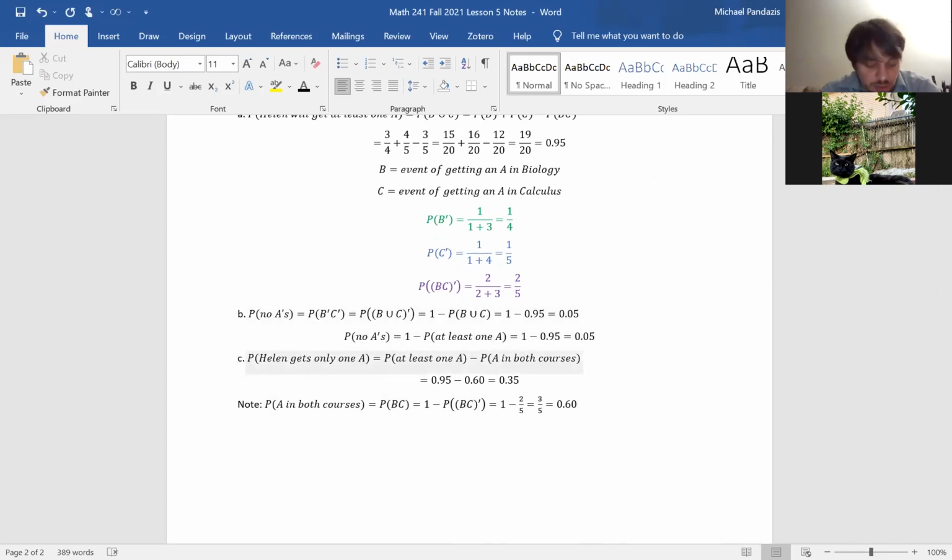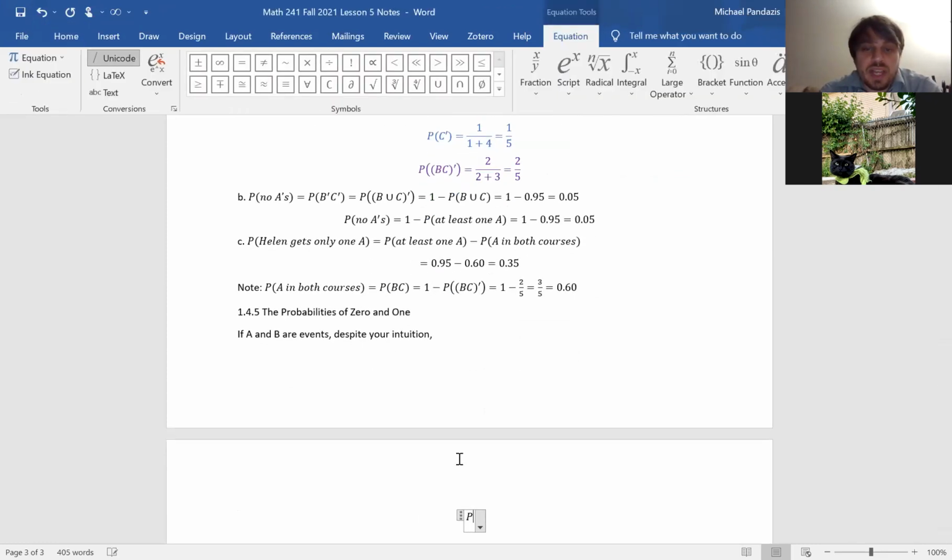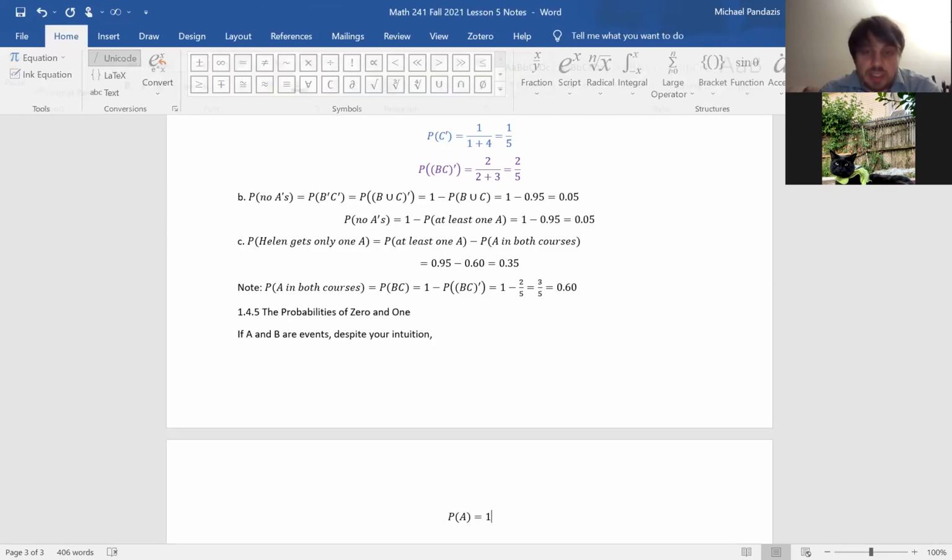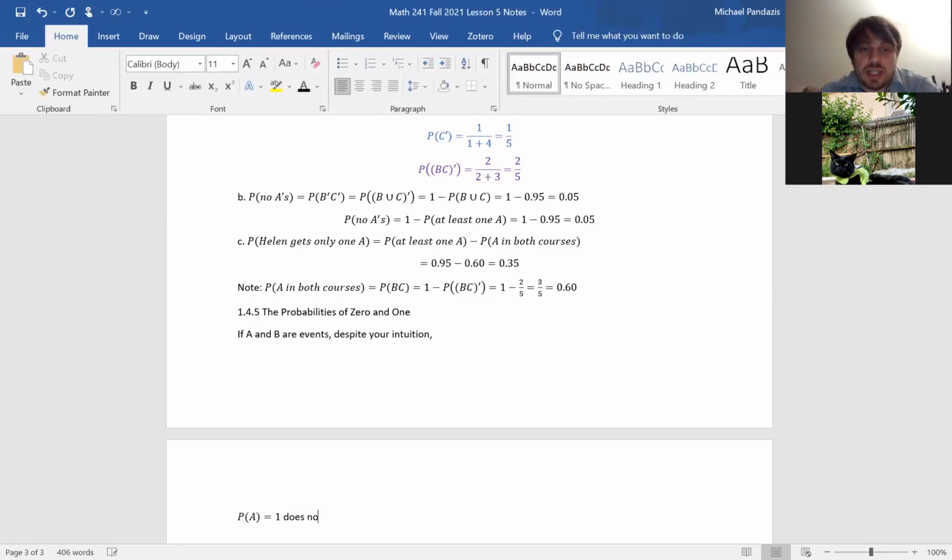Okay, so next is 1.4.5. That's the probabilities of 0 and 1. If A and B are events, despite your intuition, the probability of A equaling 1 does not imply that event A is certain to happen.